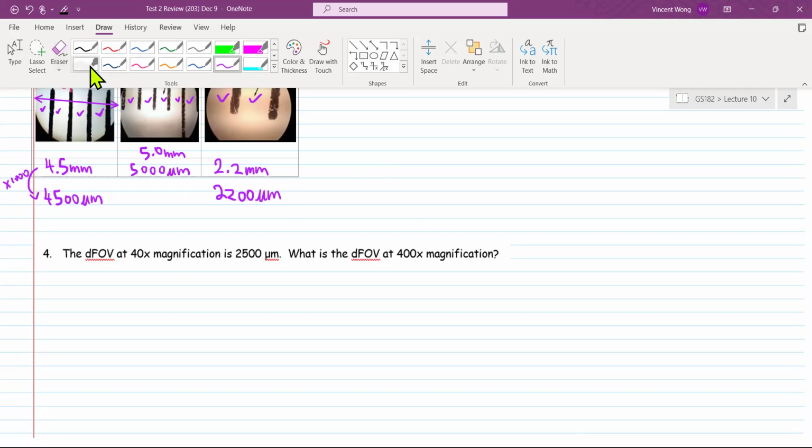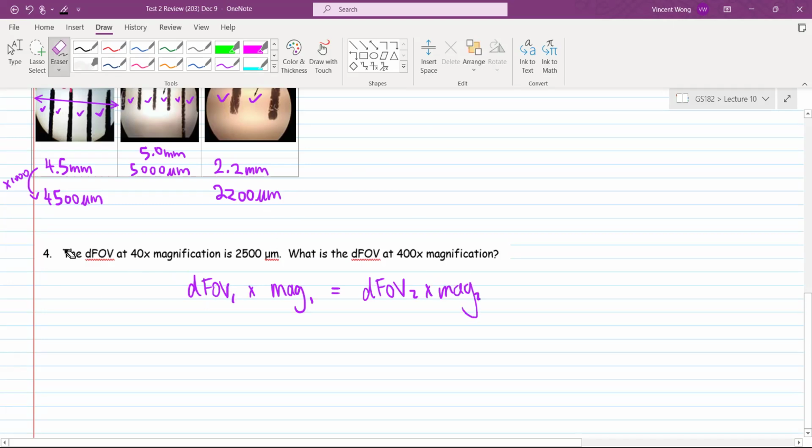So we just use the formula: DFOV 1 times magnification 1 equals DFOV 2 times magnification 2. So the first DFOV is 2500 micrometer.